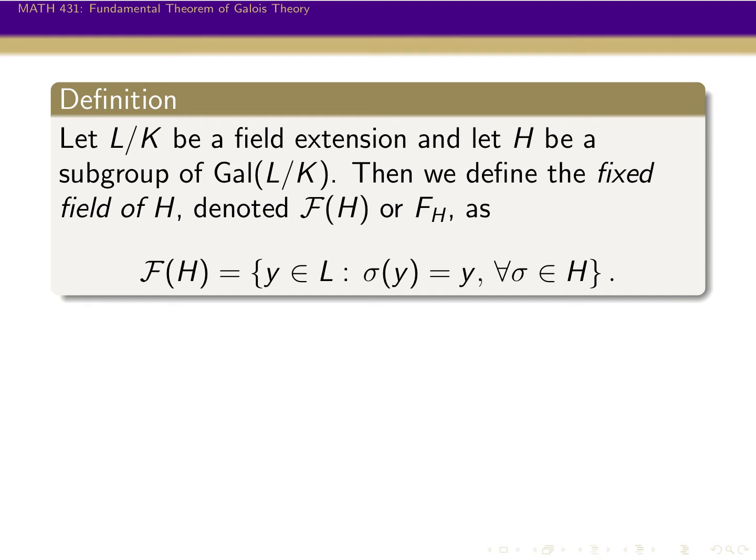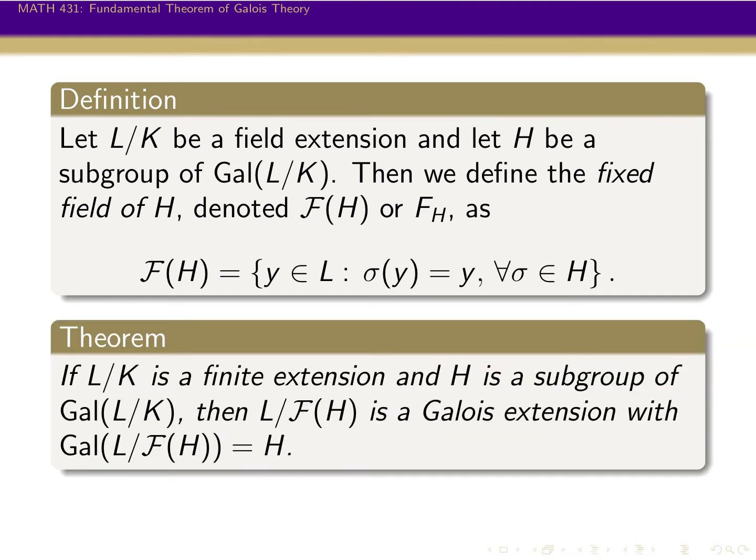So for a subgroup H of the Galois group of L over K, the fixed field of H is all of the elements of L that are fixed by all the elements of H, that are not moved at all by the elements of H. And one of the things that we proved about fixed fields is that if H is a subgroup of the Galois group of L over K, then L over the fixed field of H is always a Galois extension, where the Galois group of L over the fixed field of H is equal to H. So when you pick a subgroup of the Galois group and look at its fixed field, that automatically gives you a Galois extension.